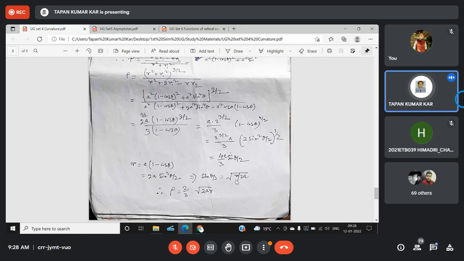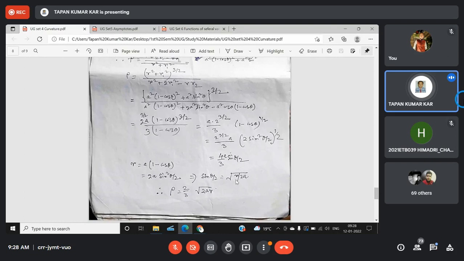Even if you write this as 4a by 3 sin theta by 2, it is also okay, but since rho is the radius of curvature, the length, we prefer to use this in terms of r.